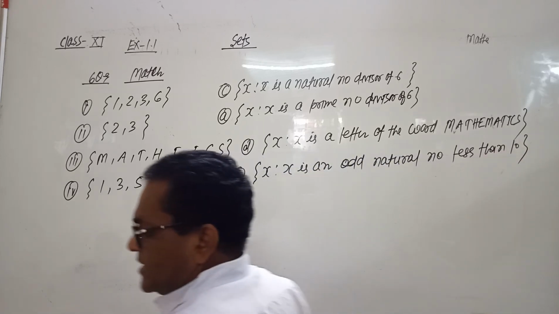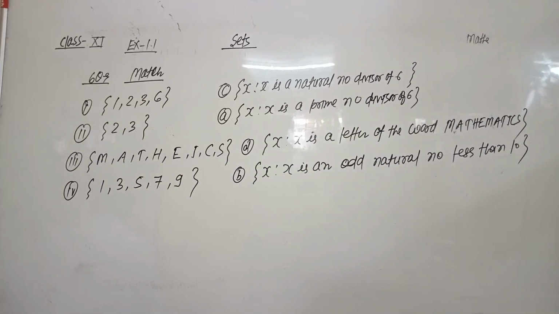Odd natural number and less than 10. X such that x is an odd natural number and which is less than 10.